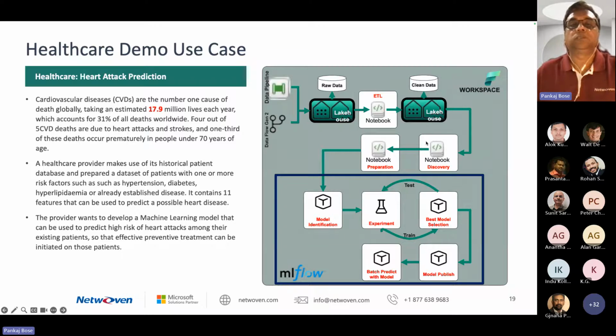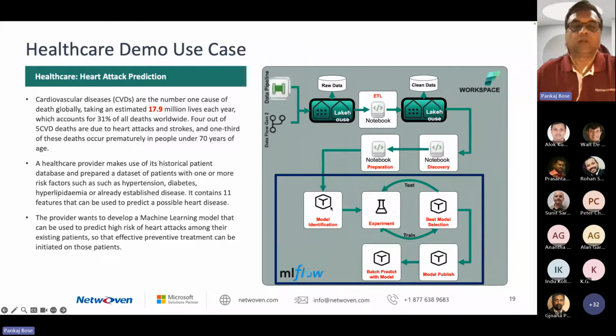For that, we use the notebook, typically Python, and all kinds of statistical modeling techniques to discover the data. Then we go for the data preparation, again with the help of the notebook. Finally, we come to the model identification step, which depends on the outcome from the discovery.